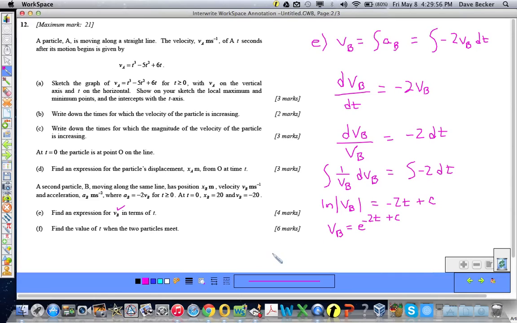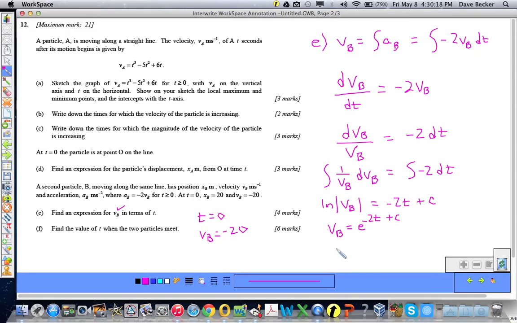Okay, and we also know that at t equals 0, vb equals negative 20. Okay, and that's not really going to help me just yet, because I need to find out what c is.